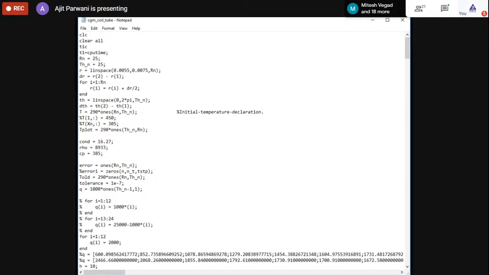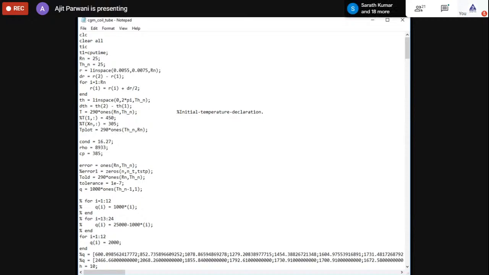Here I define the grid points in the radial direction as 25, and the grid points in the angular direction as 25. Then you find the value of dr and d theta. Similarly, you can find dx and dy in Cartesian coordinates.